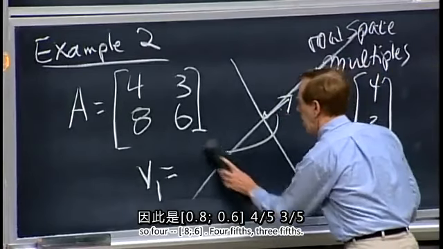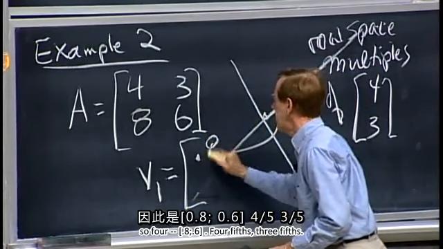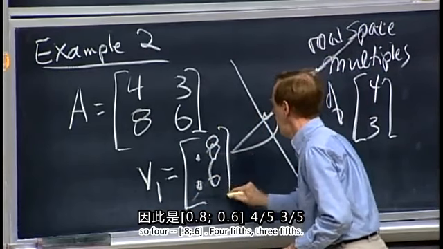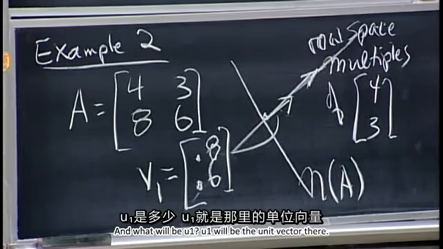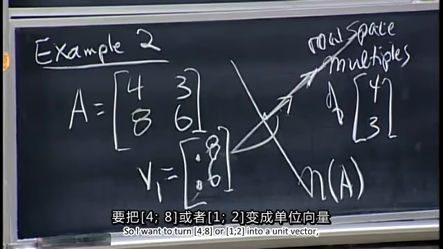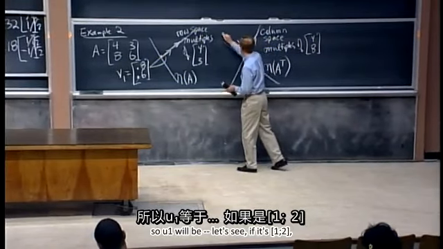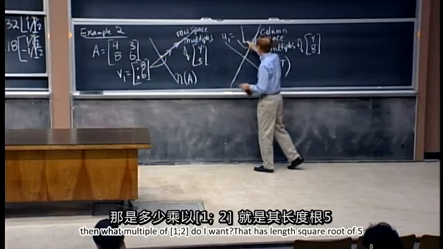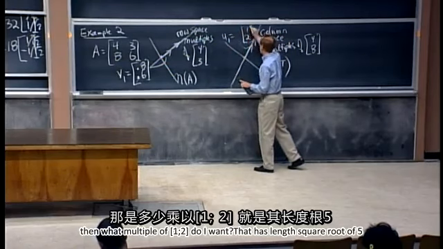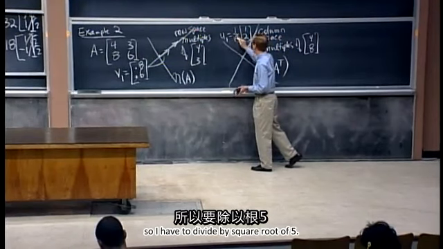So 0.8, 0.6. 4/5, 3/5. And what will be U1? U1 will be the unit vector there. So I want to turn 4, 8 or 1, 2 into a unit vector. So U1 will be, let's see, if it's 1, 2, then what multiple of 1, 2 do I want? That has length square root of 5, so I have to divide by square root of 5.